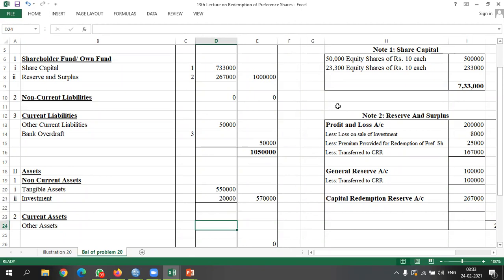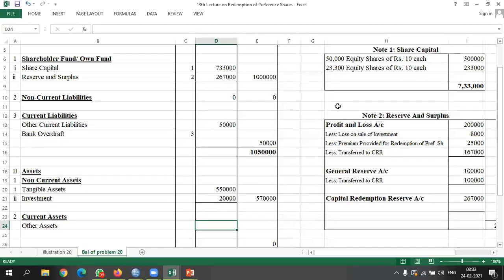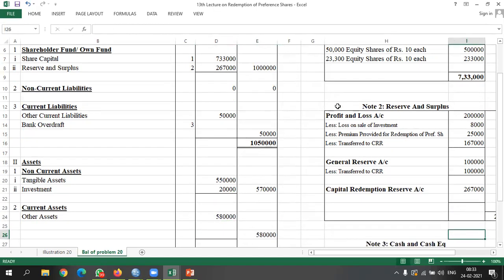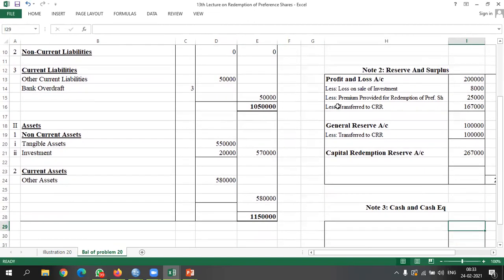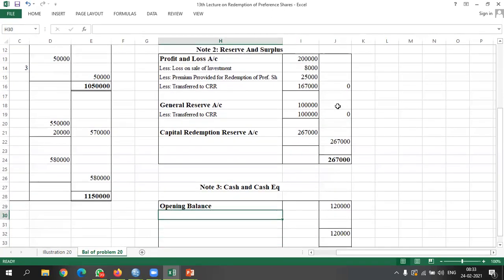Now, as far as current asset is concerned, we have two items, cash at bank and other current asset. Let's write down other current asset, 5,80,000. And for cash at bank, we require to make a separate note. So here we will write opening balance in the bank is 1,20,000. During the process, we got amount from sale of investment.